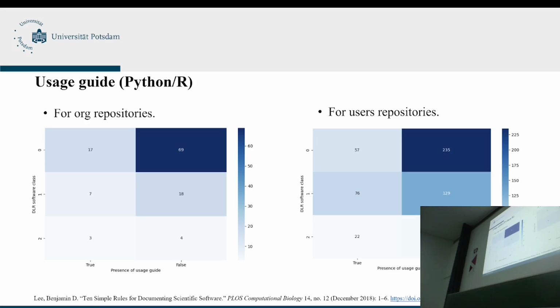This was done for only Python and R repositories. Then we also looked for whether there is a usage guide or help command if it is a command line application. As you can see, most of the user repositories were missing usage guides and help commands if it's a command line application, but it was quite okayish in the organization repositories.